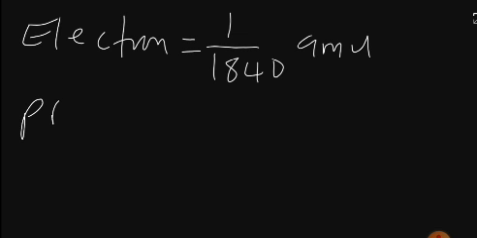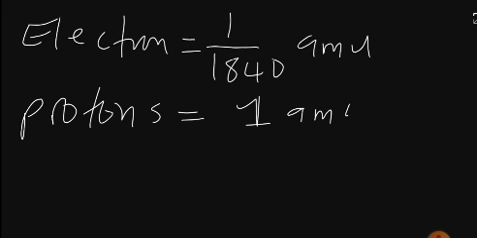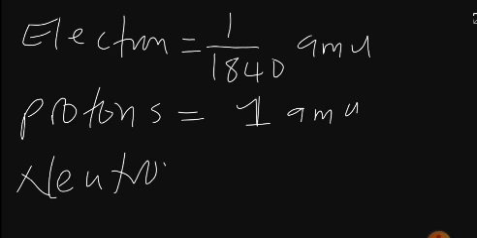Then protons have a mass of 1 atomic mass unit, and neutrons have the same mass as the protons, 1 atomic mass unit. So that should also be noted.